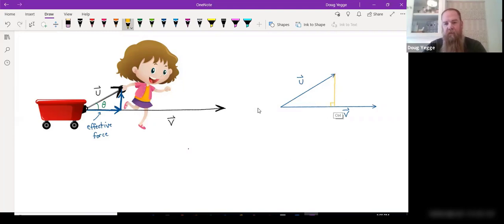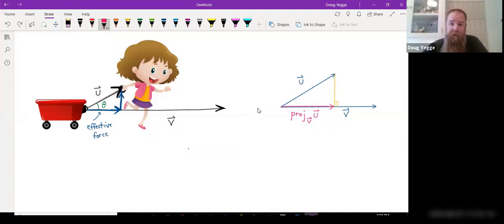And when it makes that right angle, the vector that remains is referred to as the projection of u onto v. So there's no difference between this effective force and this vector called the projection of u onto v. That projection is what's going to be used to find how much force is being applied in the direction of motion, as opposed to the girl pulling up on the wagon right here.